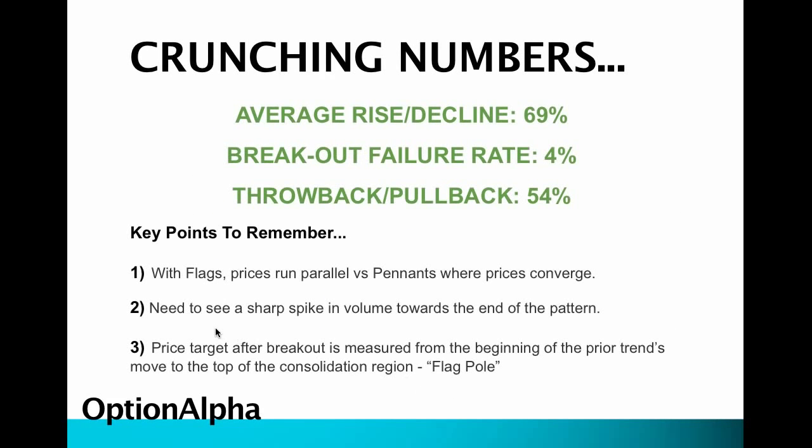And then third, the price target after the breakout is measured from the beginning of the prior trend's move to the top of the consolidation region. This is generally called the flagpole, and this is usually what people refer to as a flagpole type move.